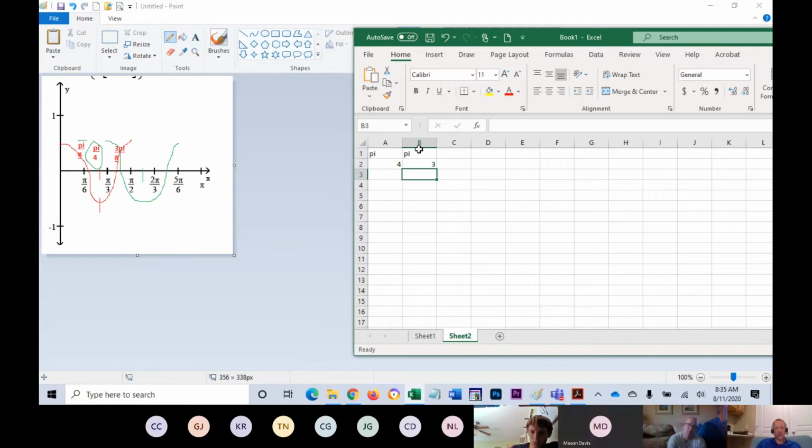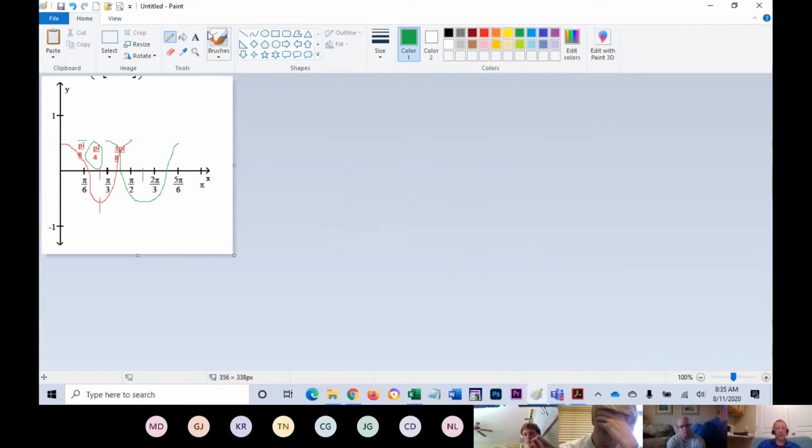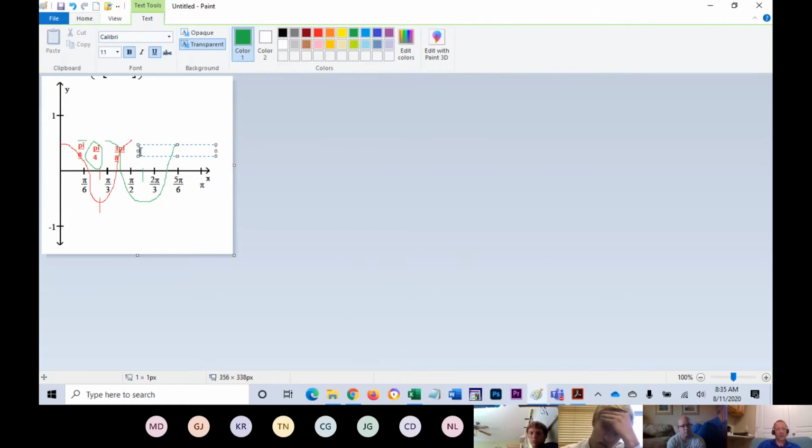So we're going to get these in units of 12. This is going to be 3 plus 4, which is going to be 7 pi. So this value here is 7 pi twelfths. Does that make sense?